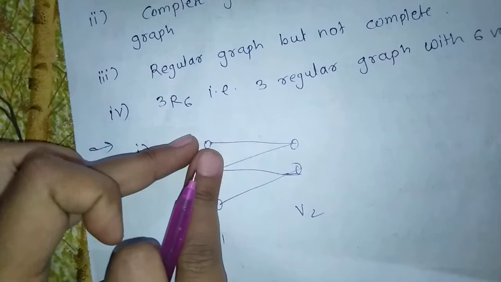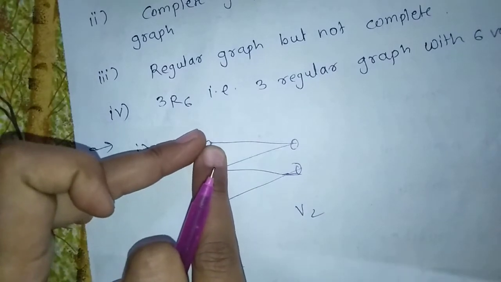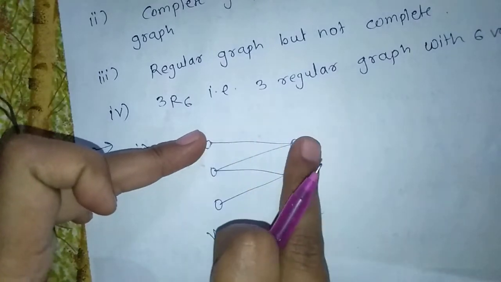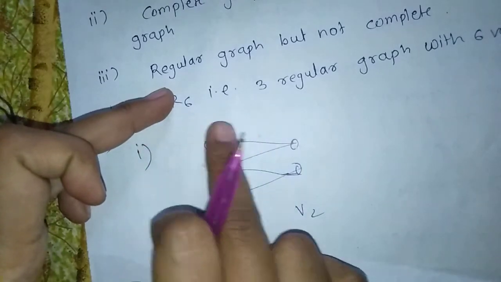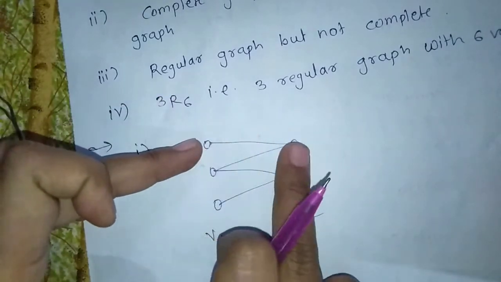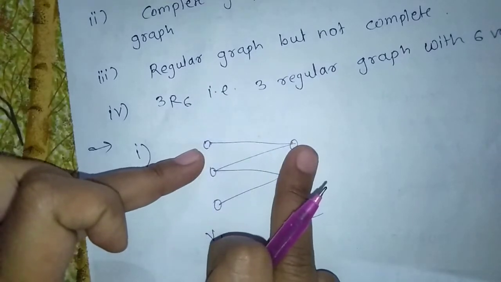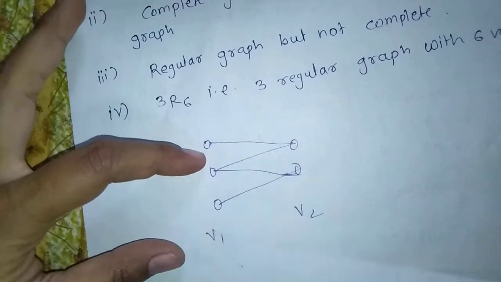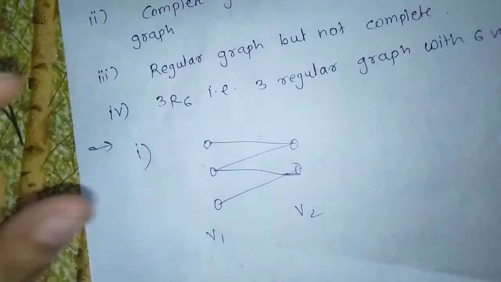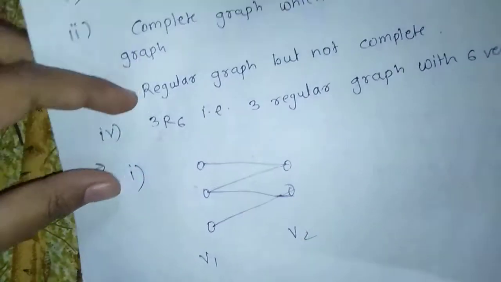But here this vertex is not adjacent to every vertex of V2. There is no adjacency between these vertices. Only this vertex is adjacent to this, the remaining we didn't draw here. That's why this is a non-complete bipartite graph.